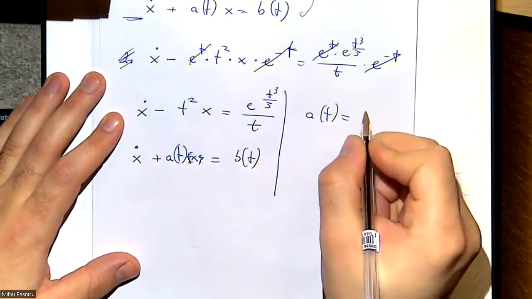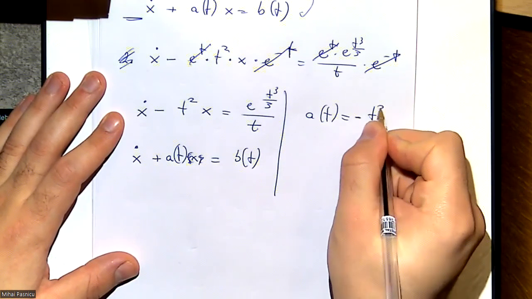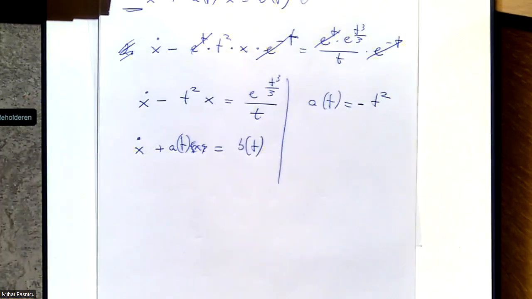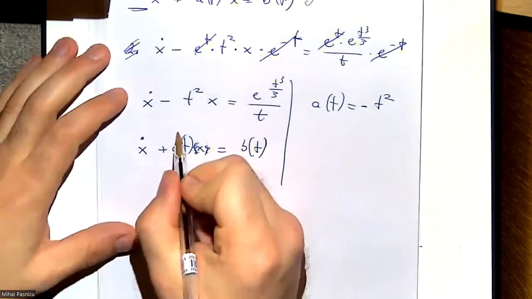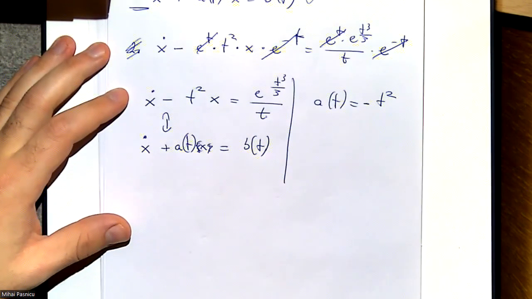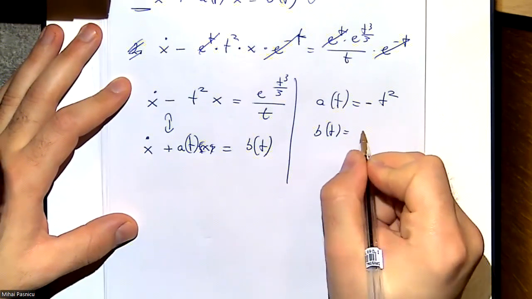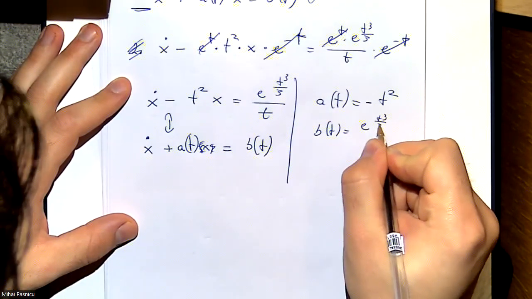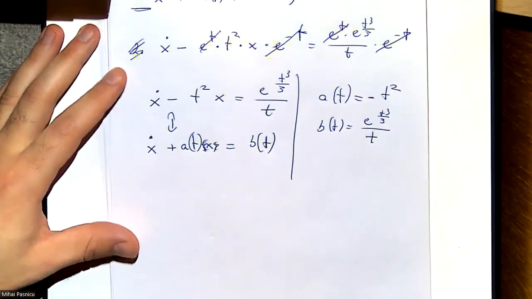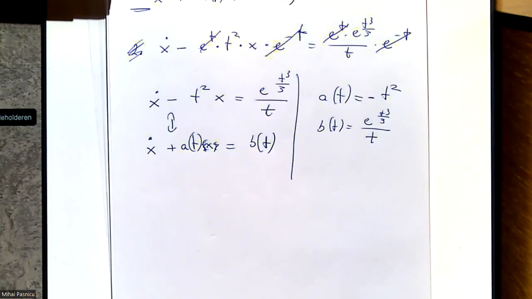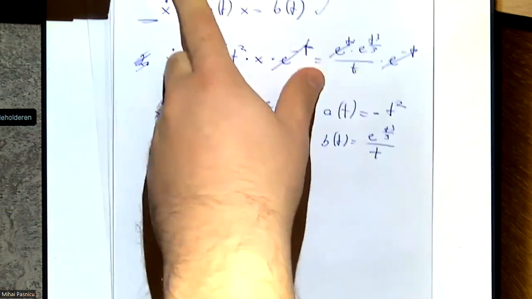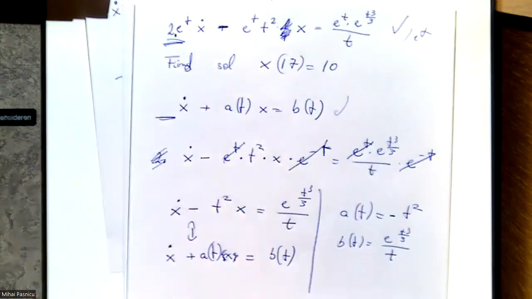Really careful here. It's minus t squared. It's not t squared, it's minus t squared. Notice the difference. B of T is equal to this ugly thing, e to the t to the 3rd over 3 over t. So I hope everyone got to this step. You know, there was no point here. That's a typo, by the way.